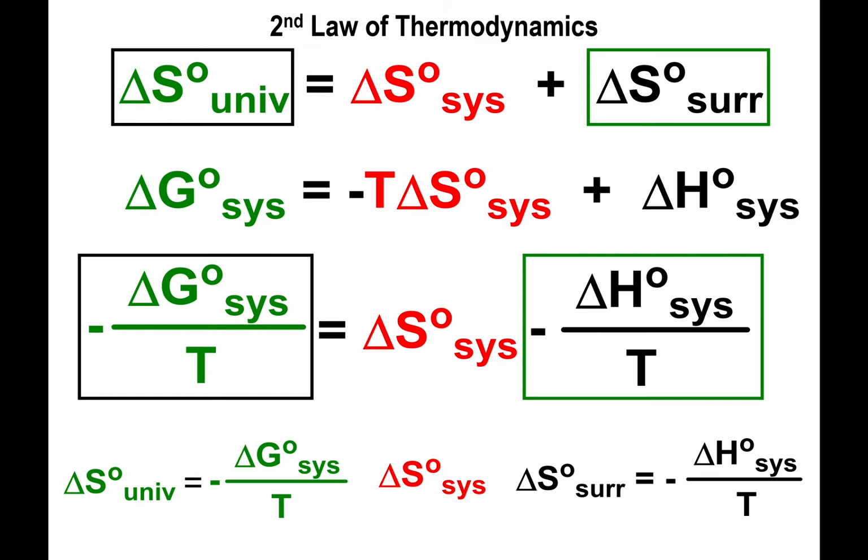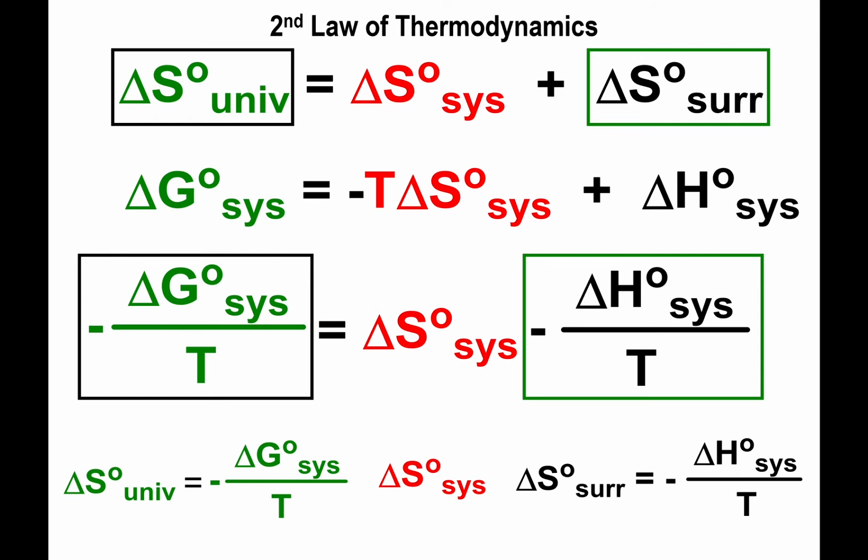But the most important part of all this is that the master equation of thermodynamics, delta G equals delta H minus T delta S, is ultimately a rephrasing of the second law of thermodynamics.